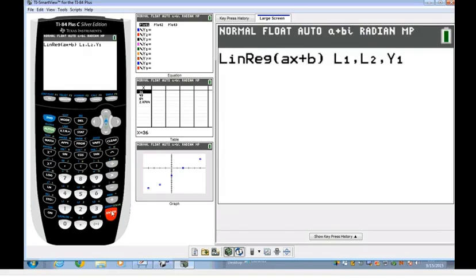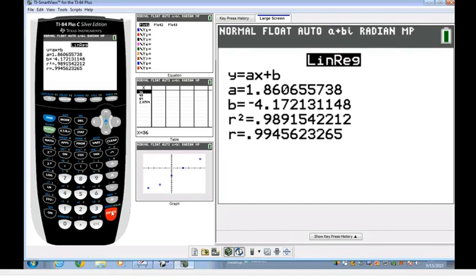Press enter and calculate. And let's see what it gave us. Well, it said that y equals ax plus b. So what's in front of a? Right in front of a is 1.86. Okay, so 1.86x minus 4.17 is my equation. And this right here is the correlation coefficient.